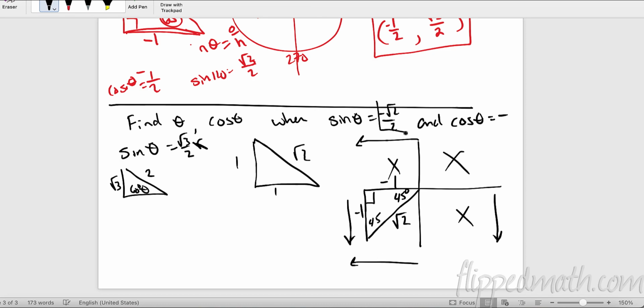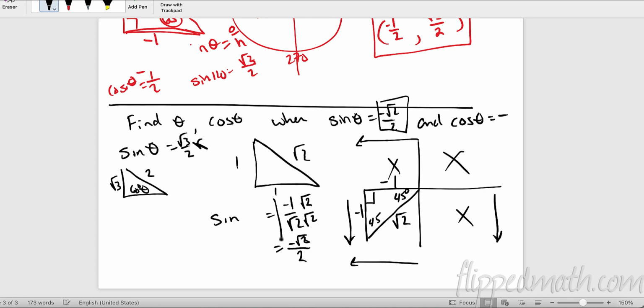Let's see if sine, in fact, is negative radical 2 over 2. Sine is opposite. So that would be -1 over radical 2, the hypotenuse. Remember, when I have radicals, I have to rationalize. So this is negative radical 2 over radical 4, which is 2.